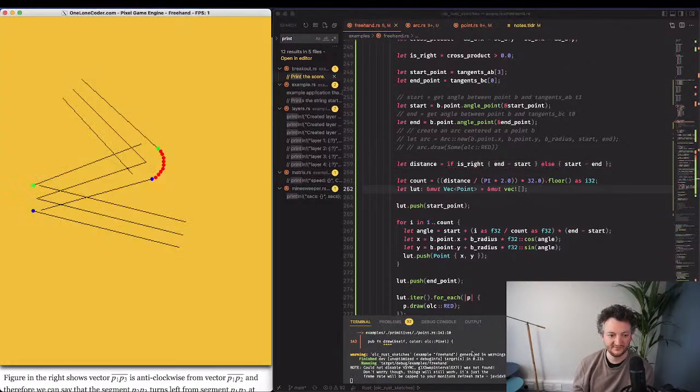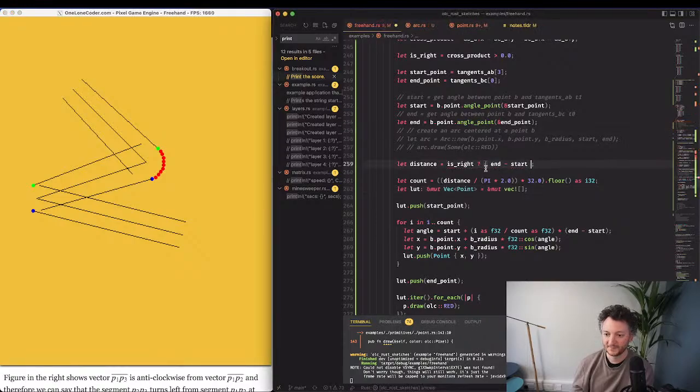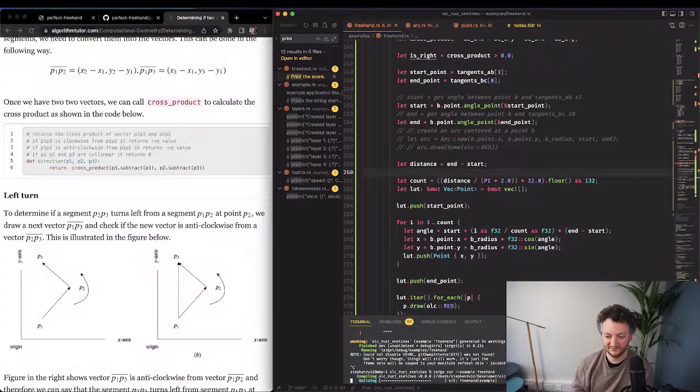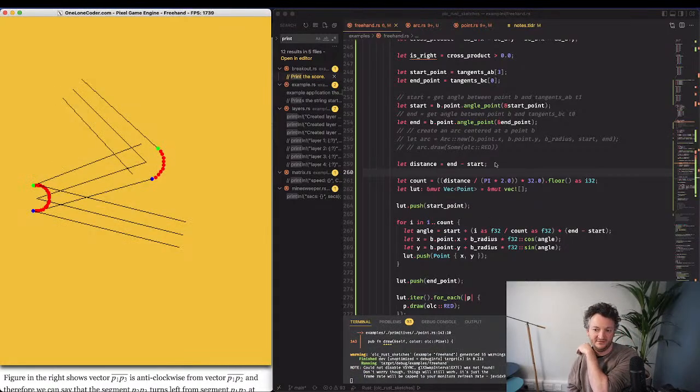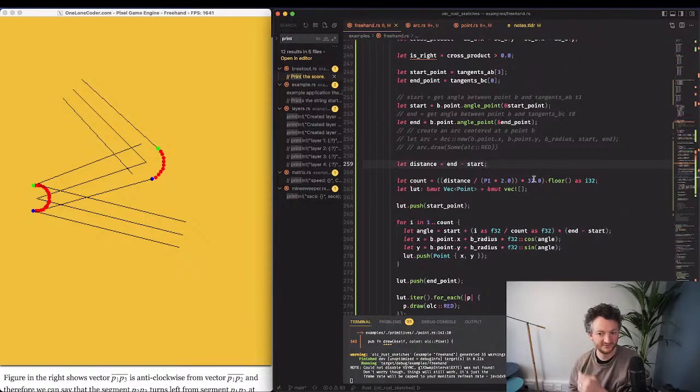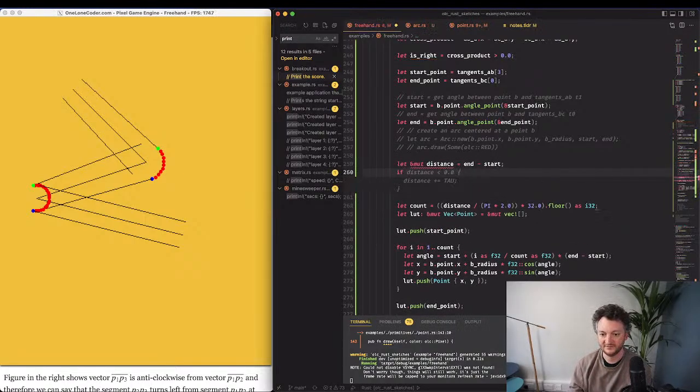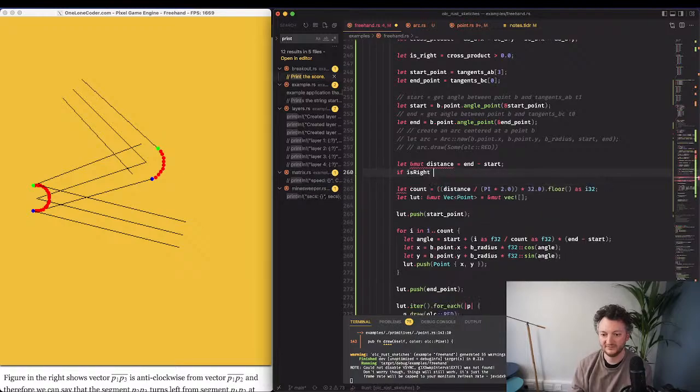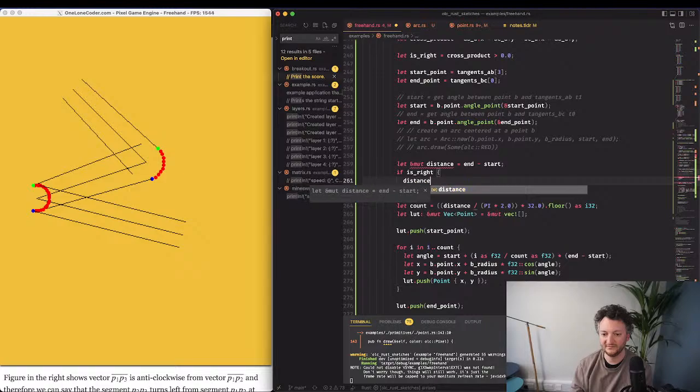What about this? Yeah, that's wrong. Okay, so the distance is still all right. It's right. Distance equals pi times 2 minus distance.